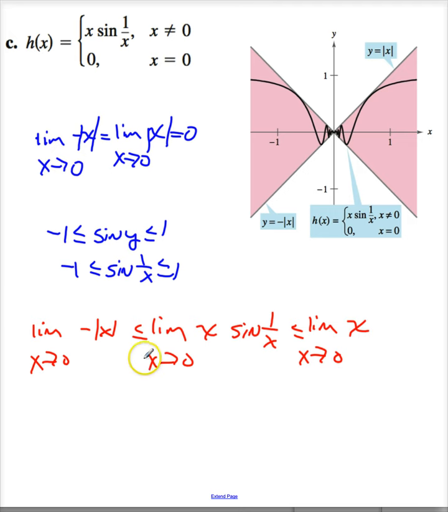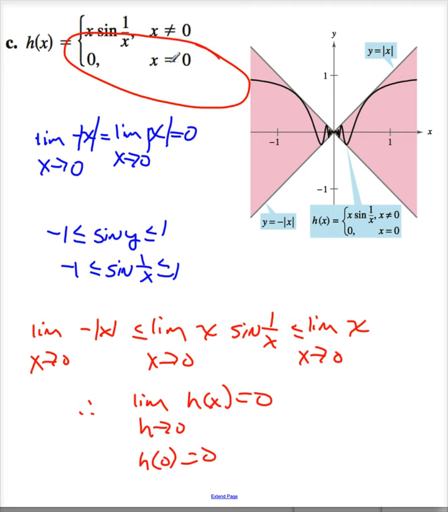So because those limits are 0, therefore by the squeeze theorem, the limit as x goes to 0 of h of x is 0. And as a matter of fact, the value of h at 0 is also 0 because that's the way we defined it. Therefore, this function is continuous over the entire real line.